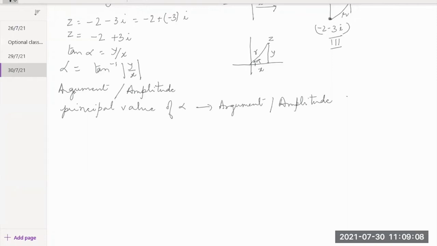So a specific range has to be given. So for tan, it was minus pi to positive pi for theta. This is the principal value of theta which you are going to refer to over here in the chapter of the complex number when you talk about the word argument or amplitude.